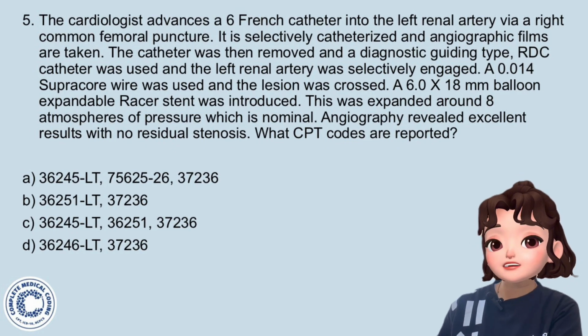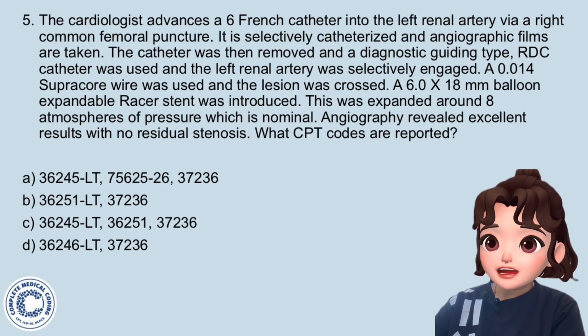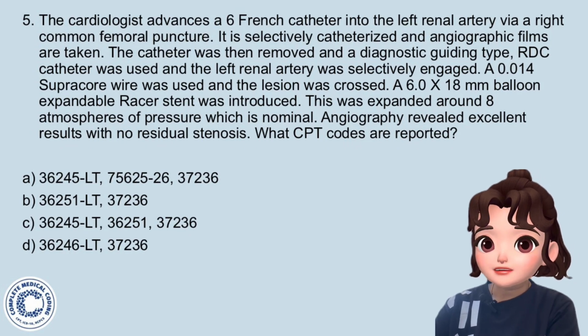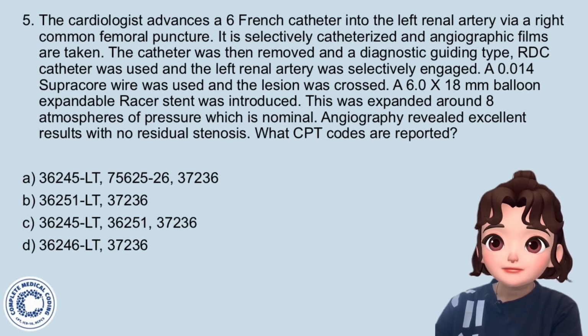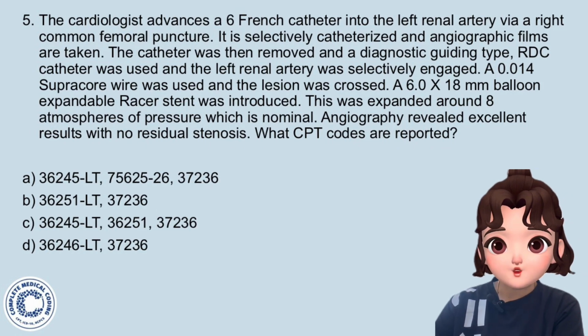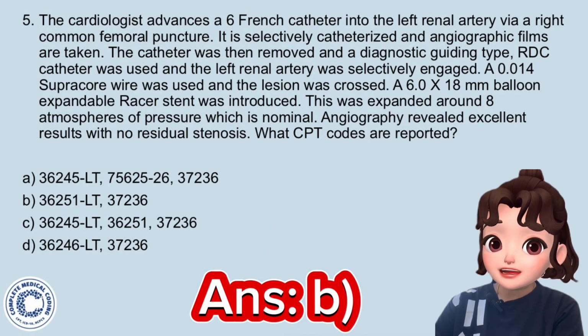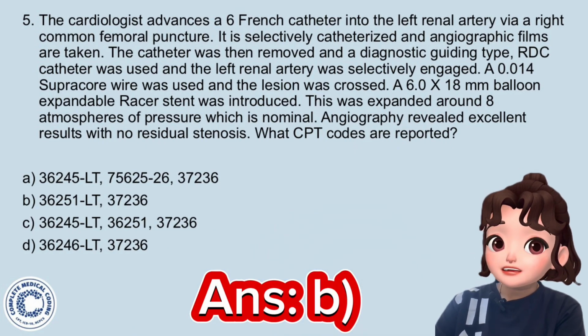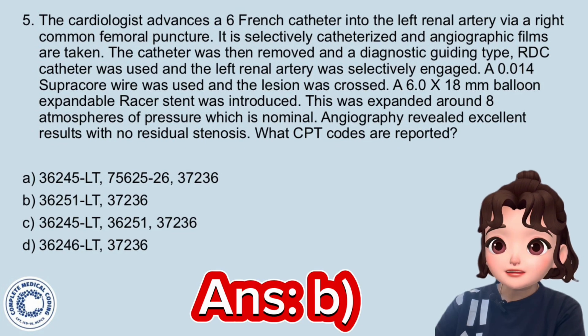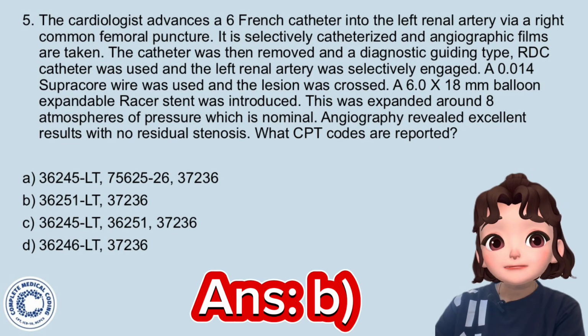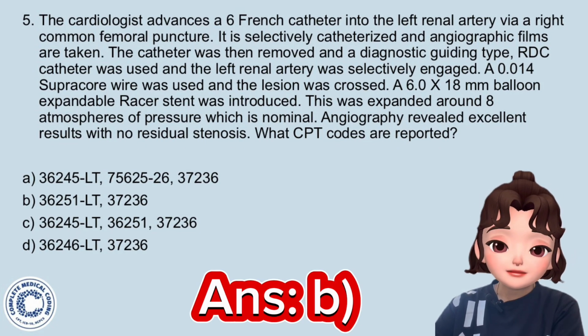Angiography is done, so the radiological guidance is included in CPT code 37236. So you got the correct answer as option B, 36251 with modifier LT, which represents catheter insertion into the left renal artery, and then 37236 for the stent of the main artery.